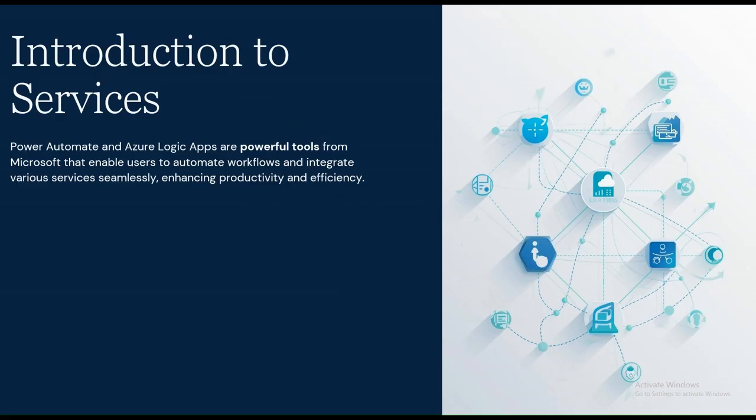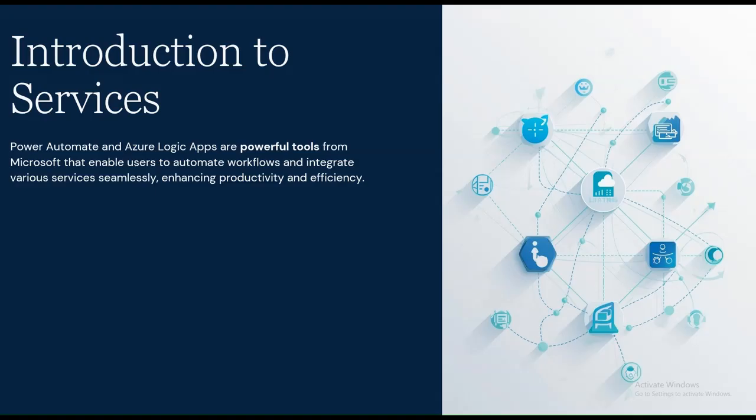Let's get started. Power Automate and Logic Apps are both workflow automation services from Microsoft. They allow you to automate processes and integrate different systems together. For example, you can connect services like Outlook, SharePoint, Microsoft Teams, Dynamics 365, and many third-party platforms.